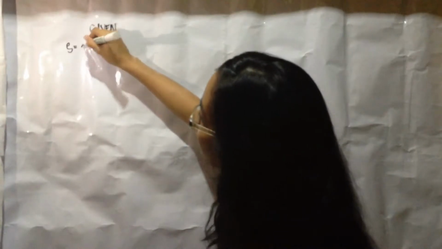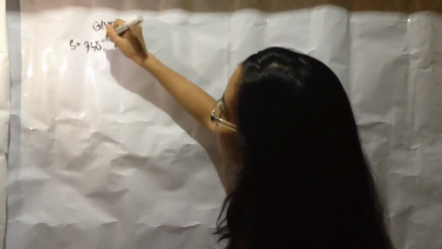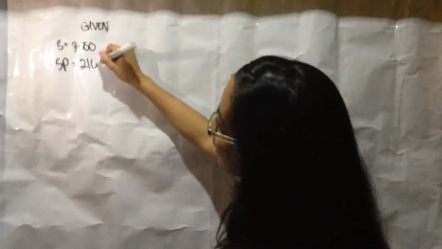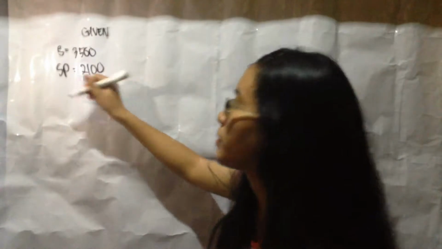Given. This is the selling price, 3,500. Then, the sale price is 2,100. So, we subtract them.